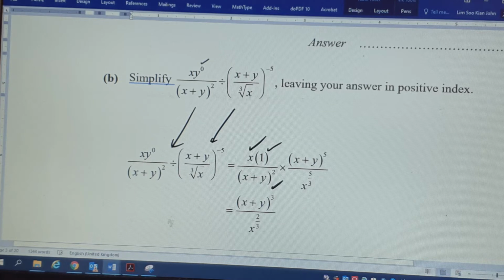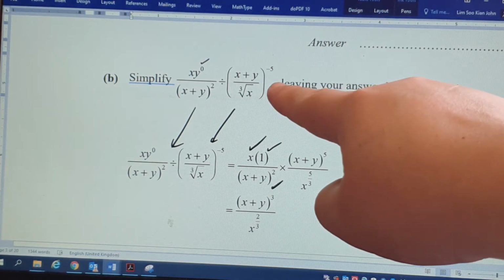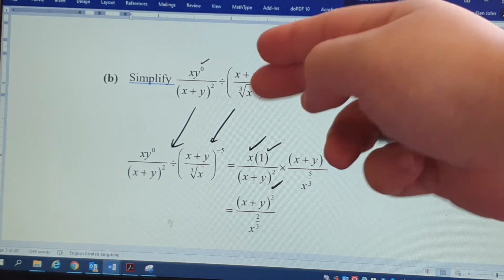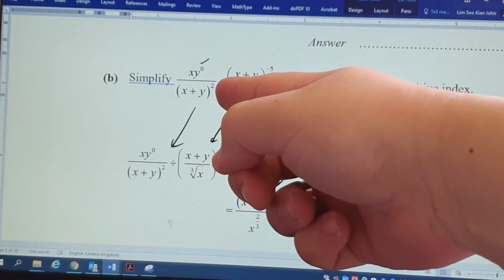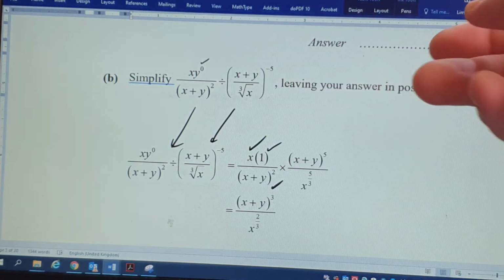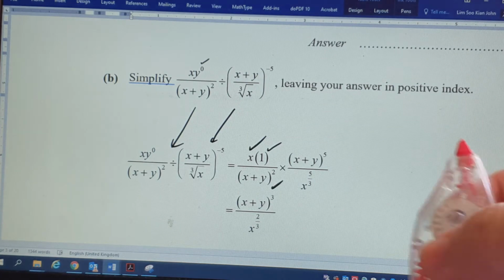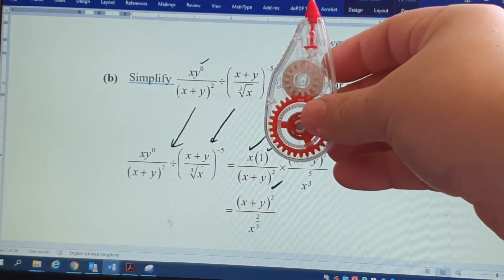Now, this part here, do you remember yesterday we mentioned that we want to make this positive first, so that we can later divide. But then when you think about it, in order to make this minus 5 become 5, I flip. Okay, but then because of the divide here, I flip again. So it is as good as, I flip because of the minus.